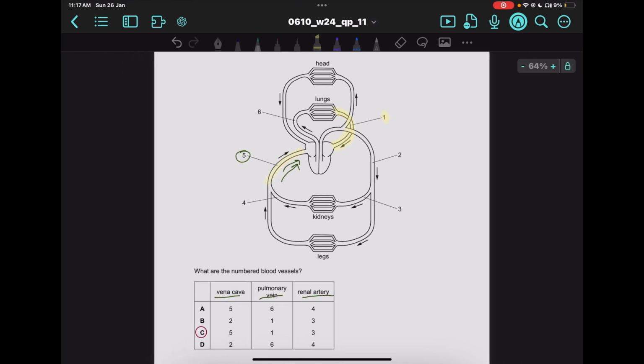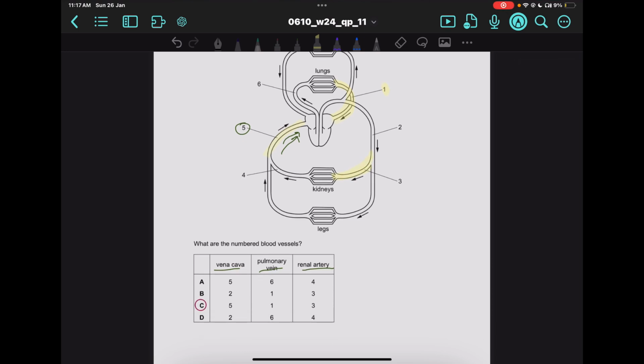So this is number 3. So our answer is going to be 5, the vena cava, 1, the pulmonary vein, from the heart to the lungs, and 3, the renal artery, from the heart to the kidneys. So 5, 1, 3.